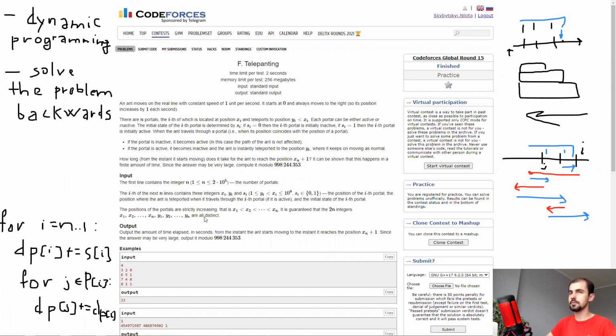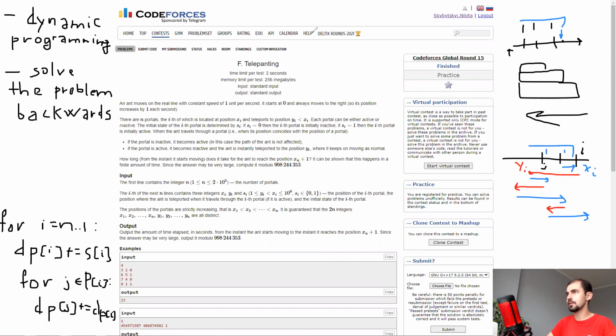Now there are several problems with this code. First, we don't know what P of i is, but this problem is relatively easy. What are the portals that we get to use again? Exactly those portals that are located between x_i and y_i.